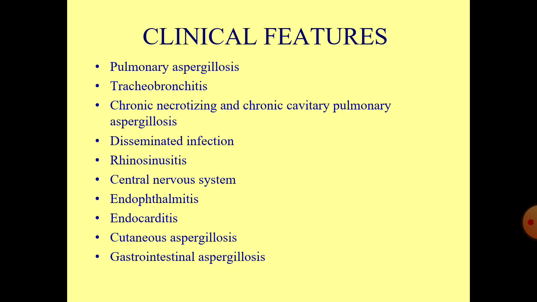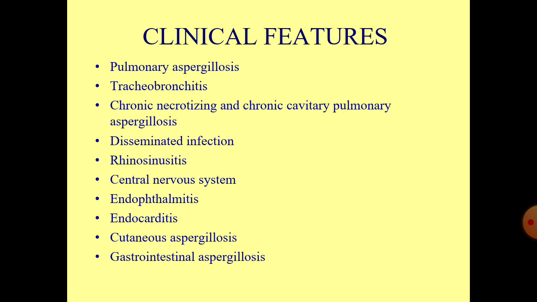So this is the clinical feature. As we said, it most commonly involves the pulmonary system and can involve what we call endobronchial disease, as a form of tracheobronchial aspergillosis, especially in patients who have lung transplant, which causes large airway invasion and causes fungal plaques and ulceration.